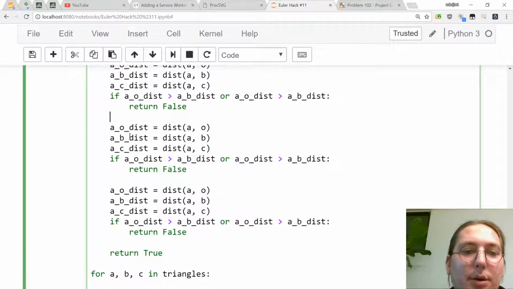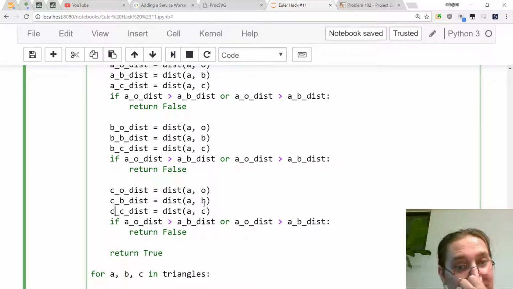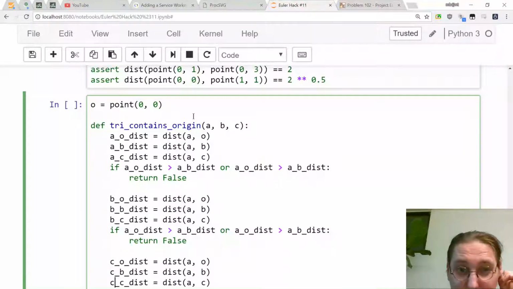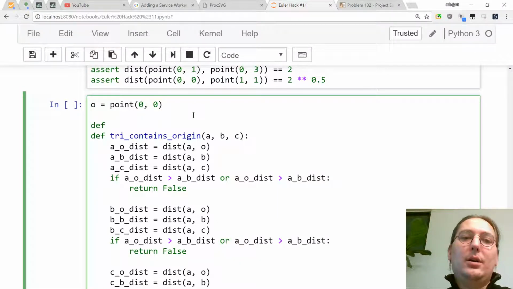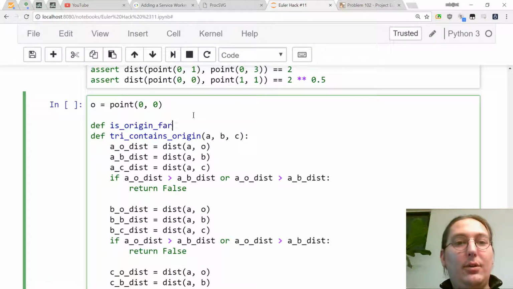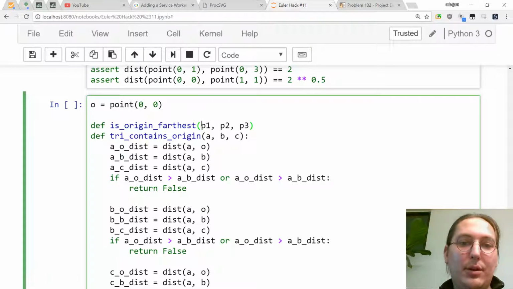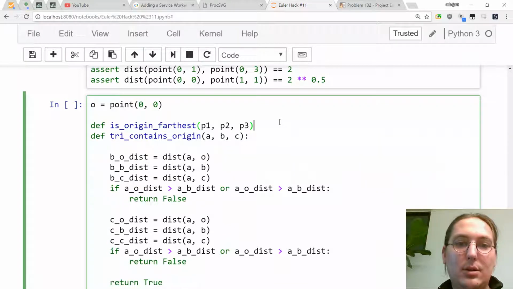Okay, and now I guess we need to make sure we don't repeat. Maybe we have a function and then we have ABC, then BAC, then CAB. Def is origin farthest, and then we have P1, P2 and P3, and we're comparing this to this and the origin.